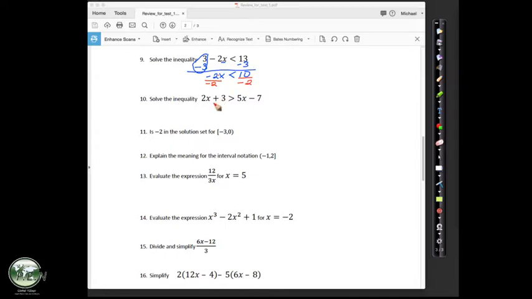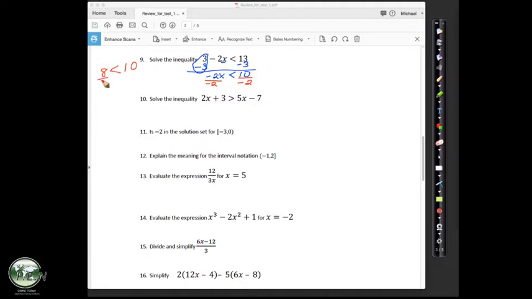Now, did the alarm bells just start going off in anybody's head? Did we just do something that's going to cause some problems? A negative and a positive, right? Well, there's a bigger problem than that. Let's say 8 and 10: which one's bigger? 10's bigger.